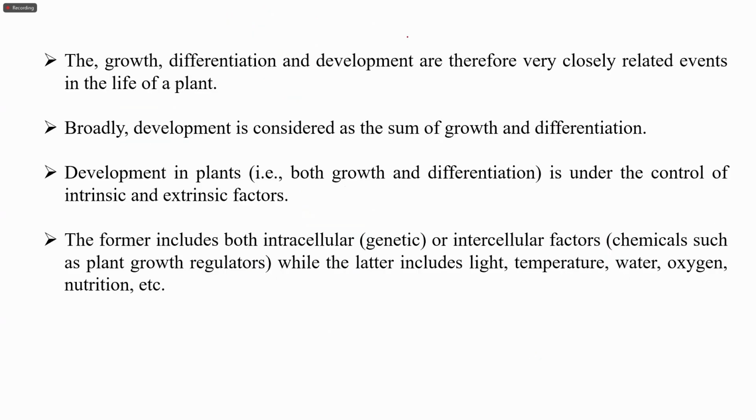The growth, differentiation, and development are therefore very closely related events in the life of a plant. So this is a kind of summary of growth and development. Till now, what we have studied about growth and development is that growth, differentiation, and development are very closely related events in the life of a plant.